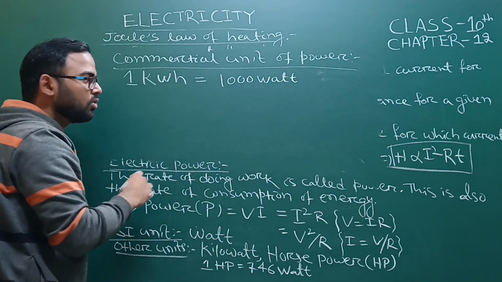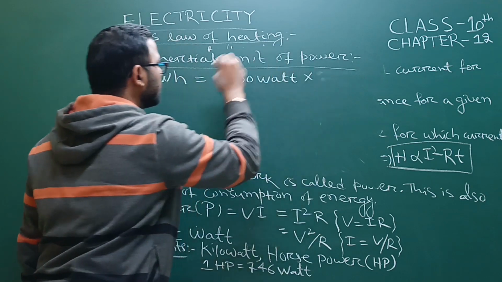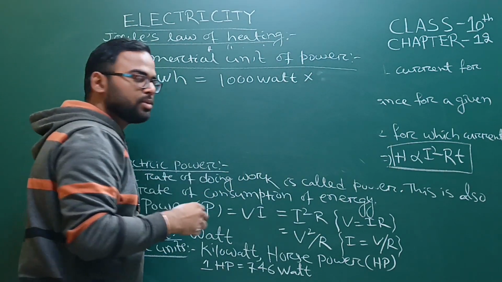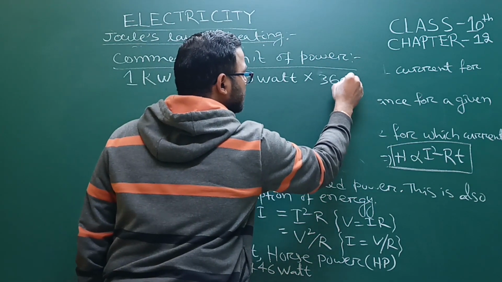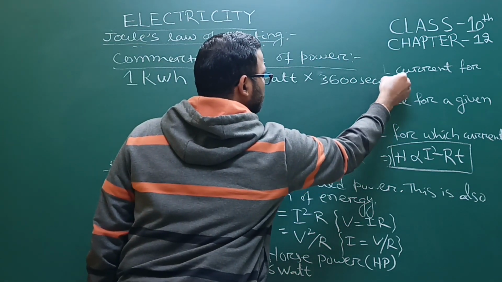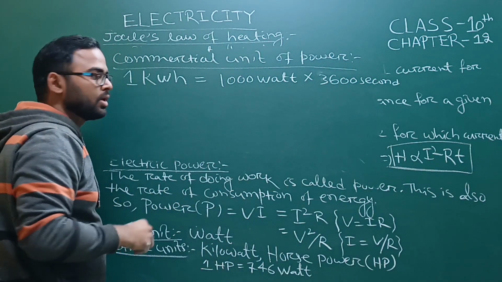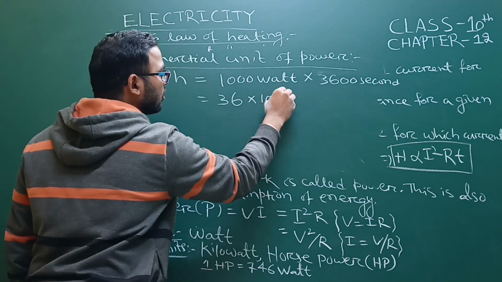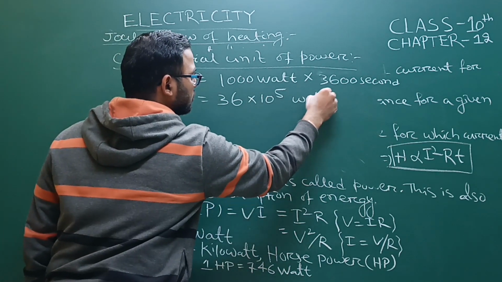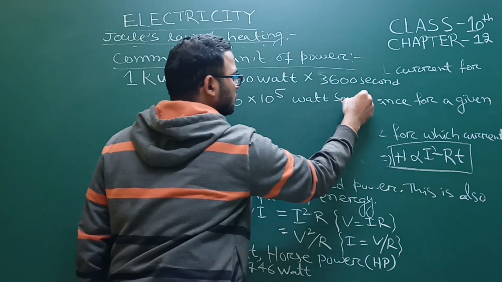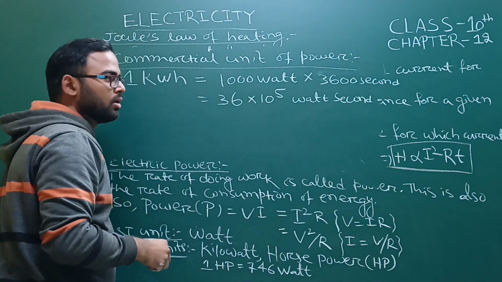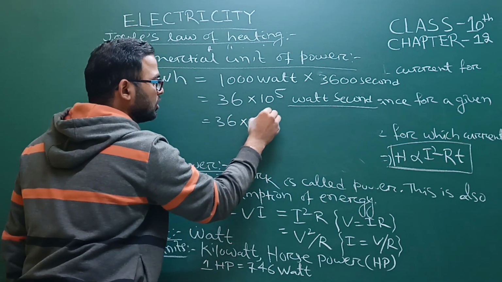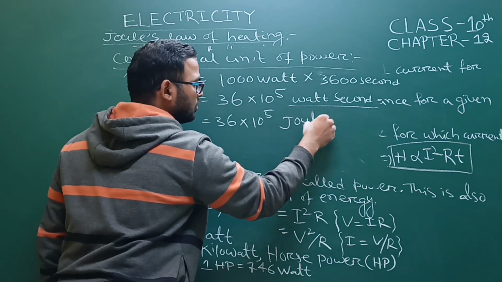Kilowatt means 1000 watt. Hour, if we convert hour into SI system, that will be equal to 3600 second. And this will be 36 into 10 to the power 5 watt second, and watt second is known as joule. So 1 kilowatt hour is 36 into 10 to the power 5 joule.